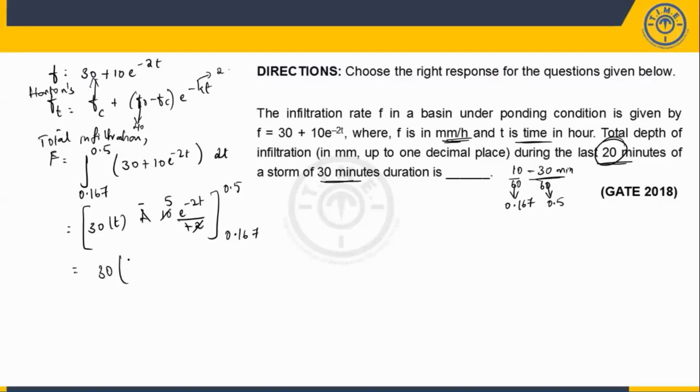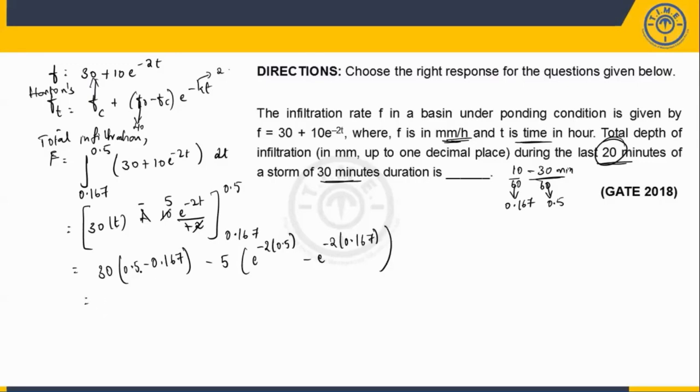See, let's do this first. When I'm writing this in t, how much is it? 0.5 minus 0.167, minus 5 e power minus 2 into 0.5 minus e power minus 2 into 0.167. How much is this one?